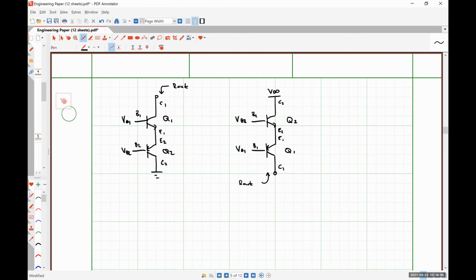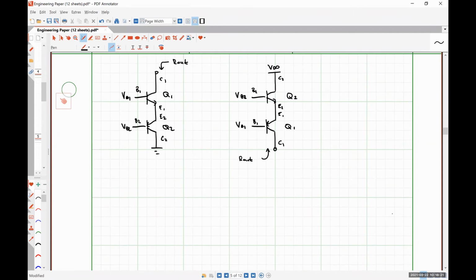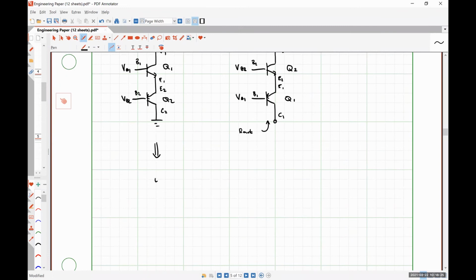And a diode connected transistor has a significantly smaller output resistance because it is 3 quantities in parallel with each other, right? So these would fundamentally look like this.